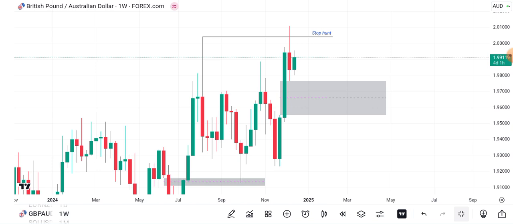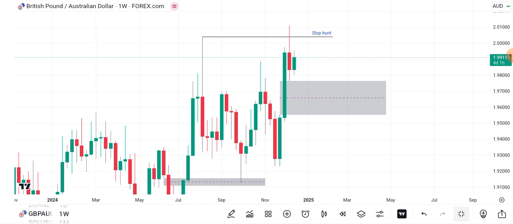So in this case today, price traveled towards the old high, which I'll call the buy stop or the buy side liquidity, just as ICT has taught us.